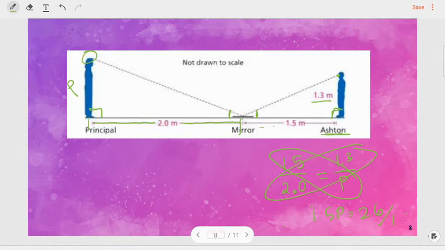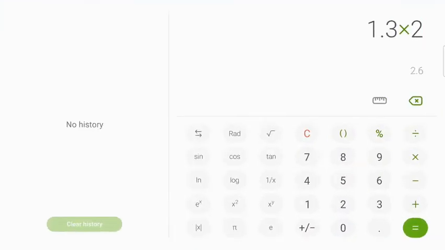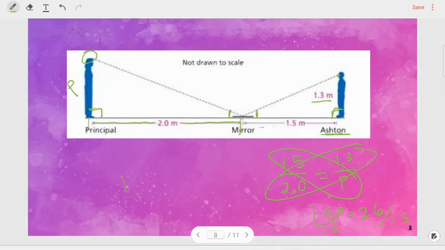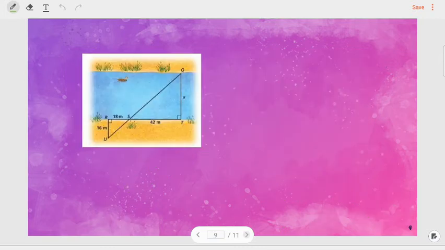I am going to divide by 1.5 because I have got multiplication going on. 2.6 divided by 1.5, and I have calculated that the principal is 1.73 meters tall. The principal is equal to 1.73, and we're going to round to 2 decimal places, meters tall. So that's another case that I can do.